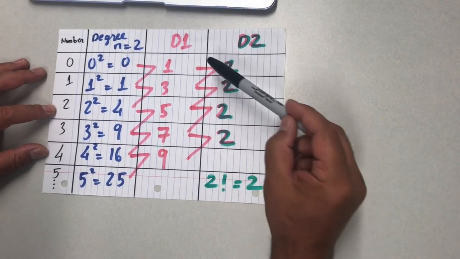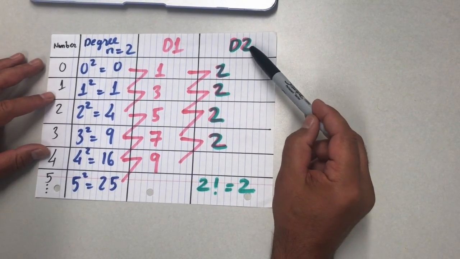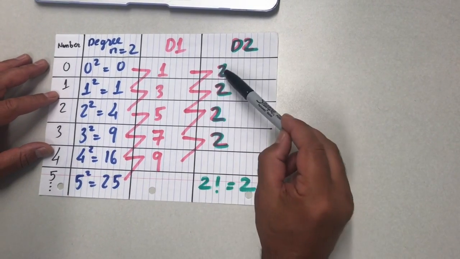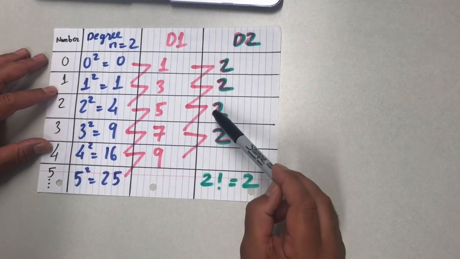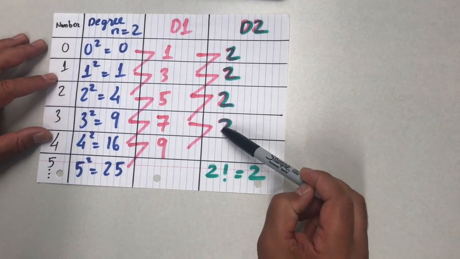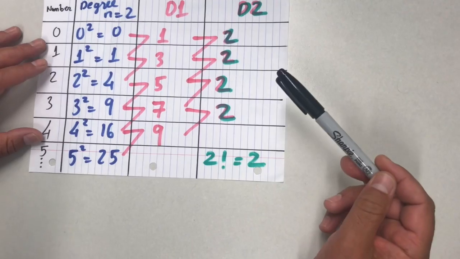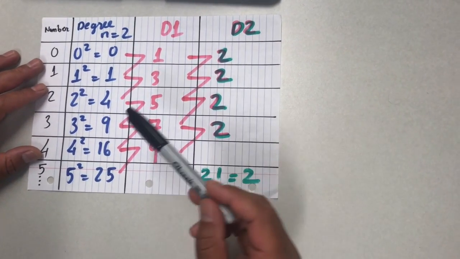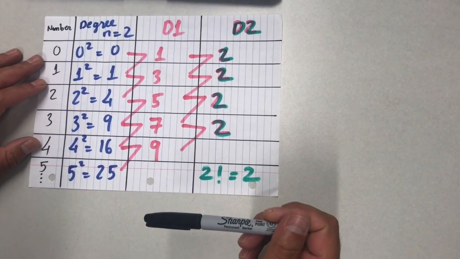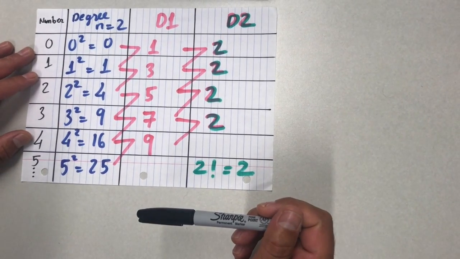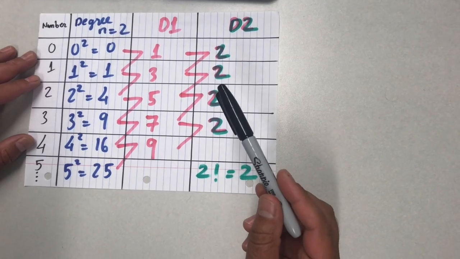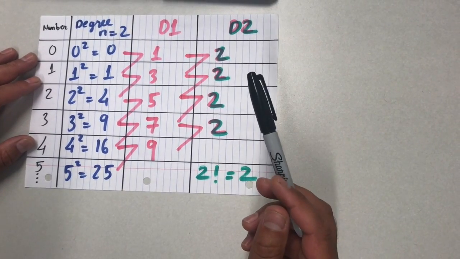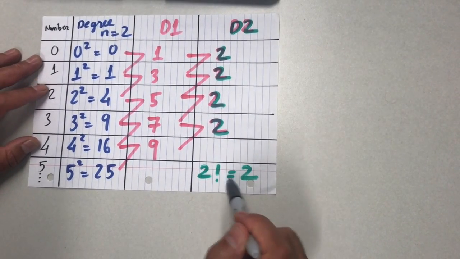This is difference 1. Now difference 2: 3 minus 1 is 2, 5 minus 3 is 2, 7 minus 5 is 2, 9 minus 7 is 2. It means if the power of n is 2, there are going to be 2 differences until I get to my common difference. I call it the factorial difference of 2, which is 2. In other words, 2 factorial is 2.